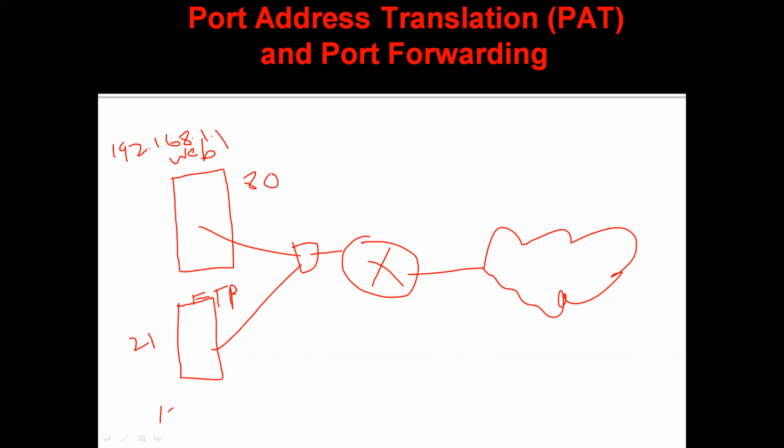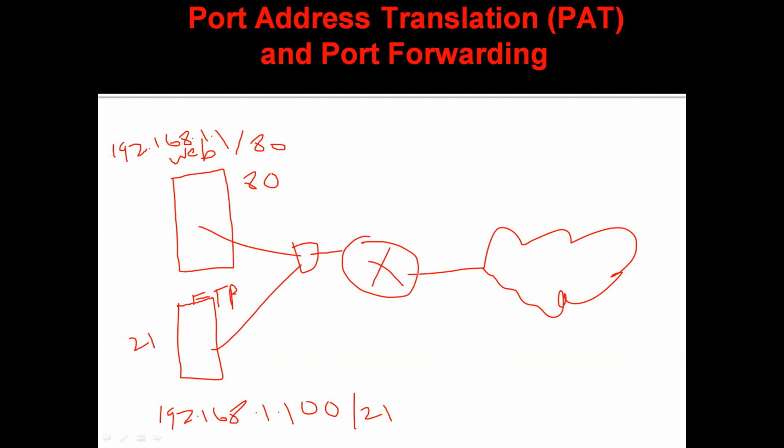So 192.168.1.100 like this. Port number is 80 now. Port number 80 maps using the IP address and port. Port forwarding is port number 21, right?